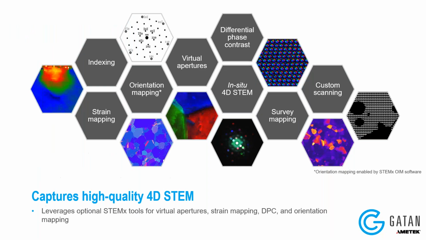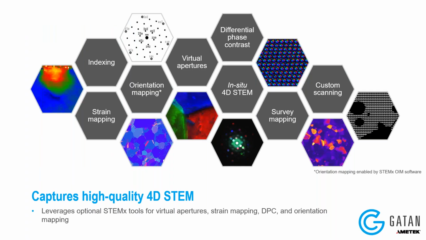Metro also can be used for 4D STEM. This requires the optional STEMX product from Gatan as well. STEMX is the tool that synchronizes the camera with the DigiScan to sync the scanning with the acquisition.